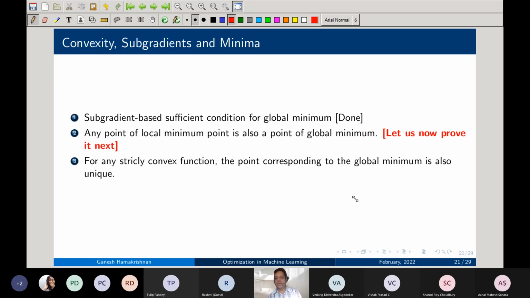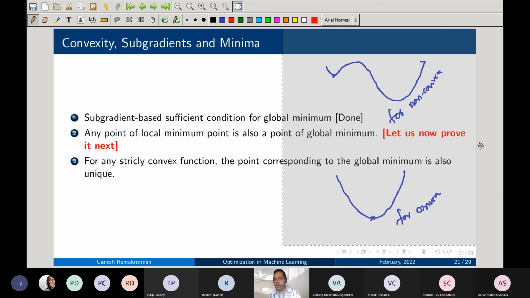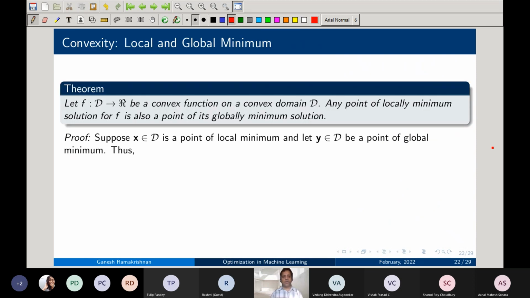How do you prove that? This applies to both non-convex and convex, because we are talking about convex regions. Okay, so let's now prove the next statement.